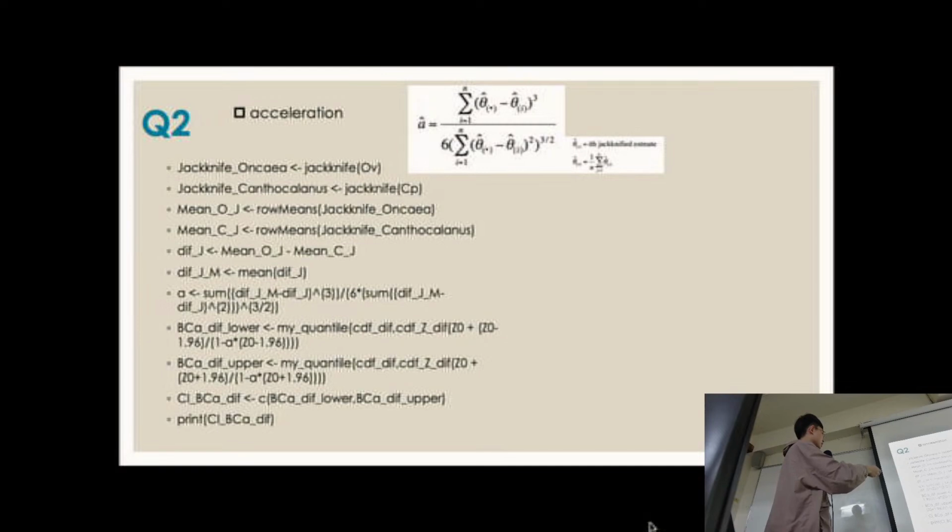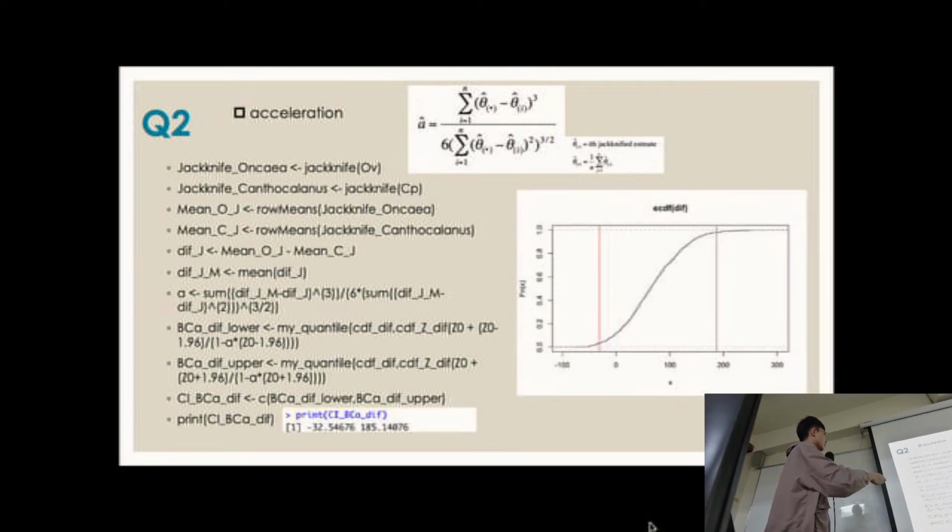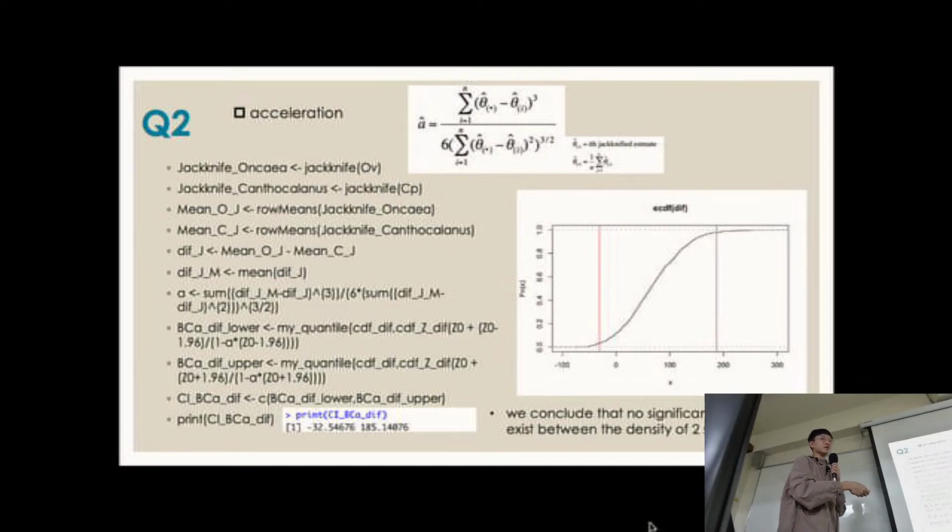So after we do the calculation of the A, just like this formula, we can put it into the equation to get the lower limit and the upper limit. So we can see that it contains the 0. So we can conclude that there is no significant difference between the density of the two species.